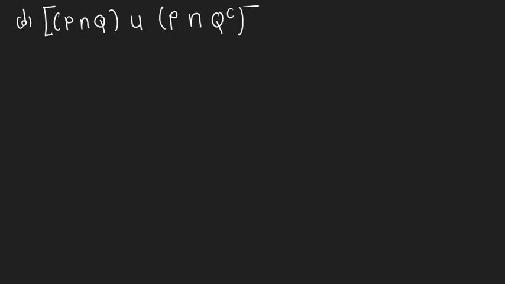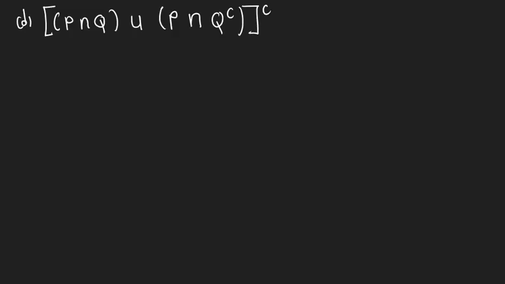Go to the last one, D. They're saying we simplify this. It is P intersection Q complement union, and then this is going to be P, then intersection Q complement, then complement.